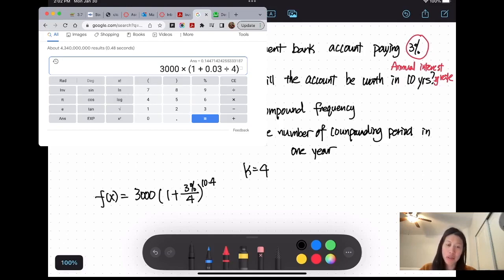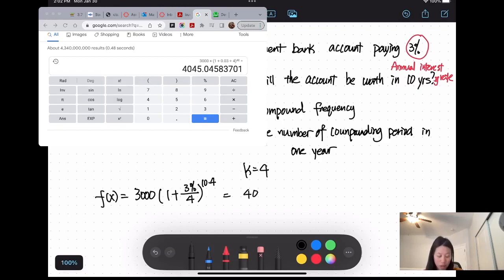To 4 times 10, which is 40. So this gives you, after 10 years, if you invest $3,000 in that bank account, you are getting $4,045.50. We round it to 2 decimal places because the bank can't give you something less than a cent. Okay, so that's how we work with compound interest.